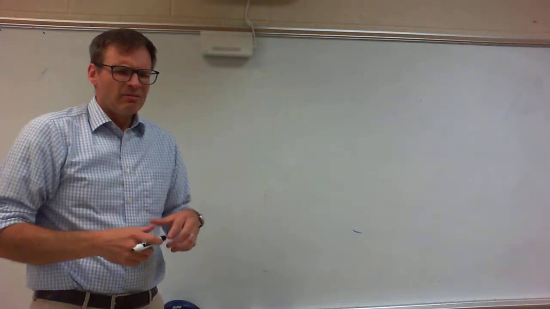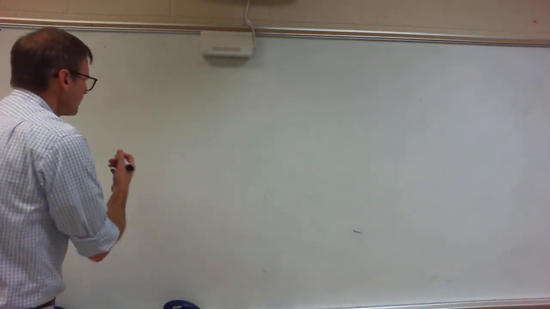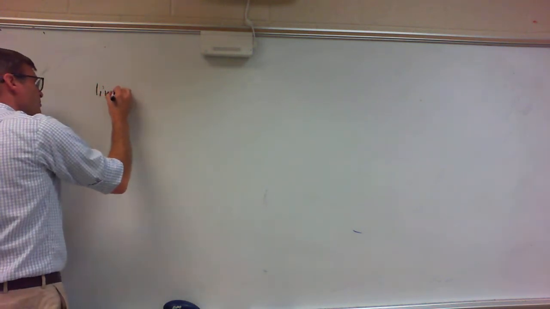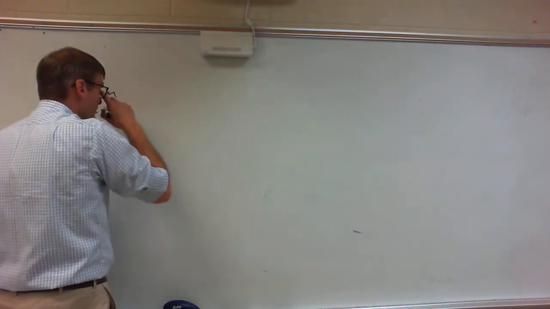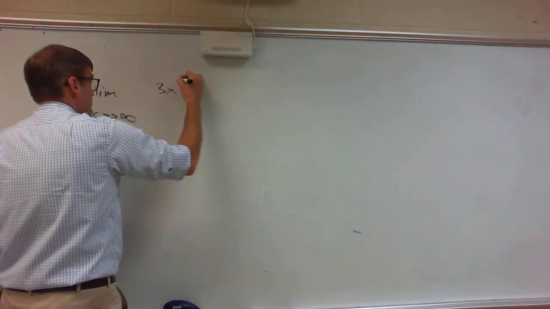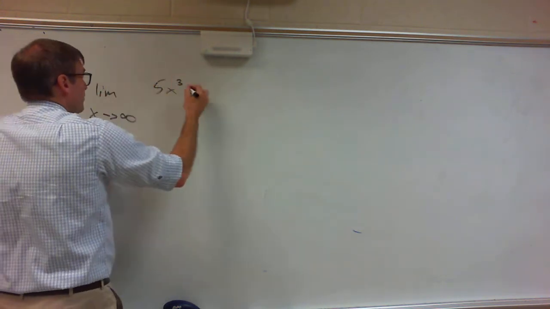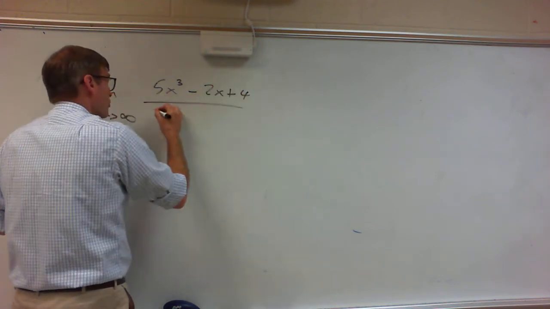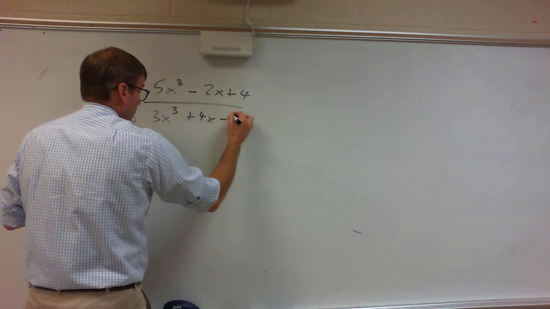Let's try to find a couple of them. I'm going to start with the limit as x goes to infinity of 5x cubed minus 2x plus 4 over 3x cubed plus 4x minus 2.